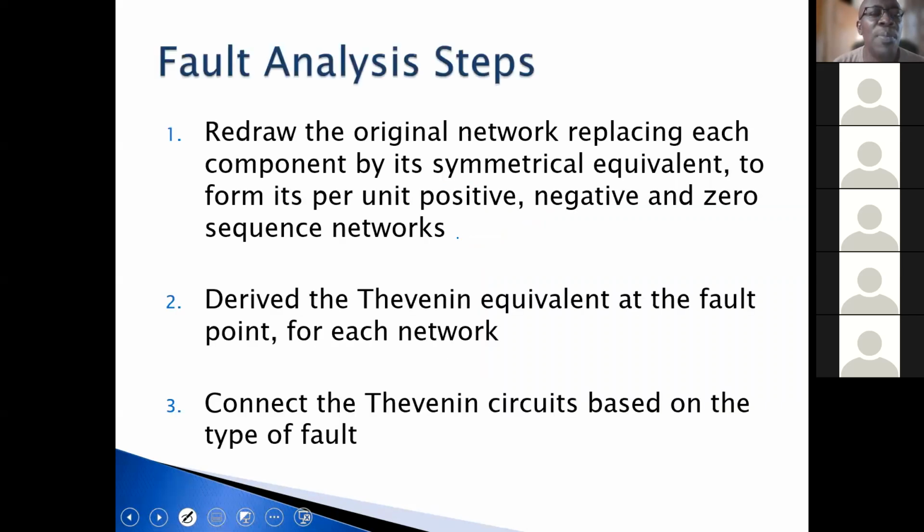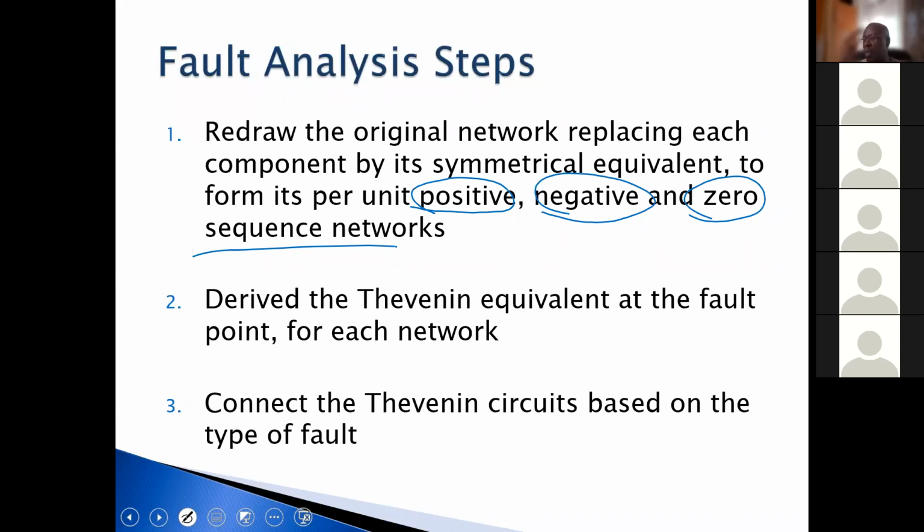Step one, you will have your original network and you want to redraw it, replacing each component by its symmetrical equivalent. You would do that for the positive, the negative, and the zero sequence networks.